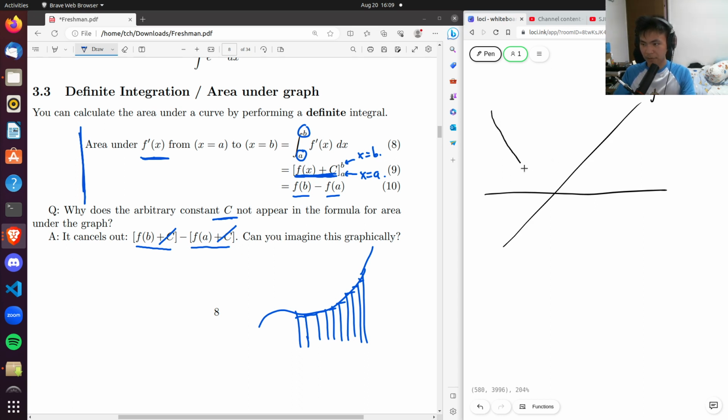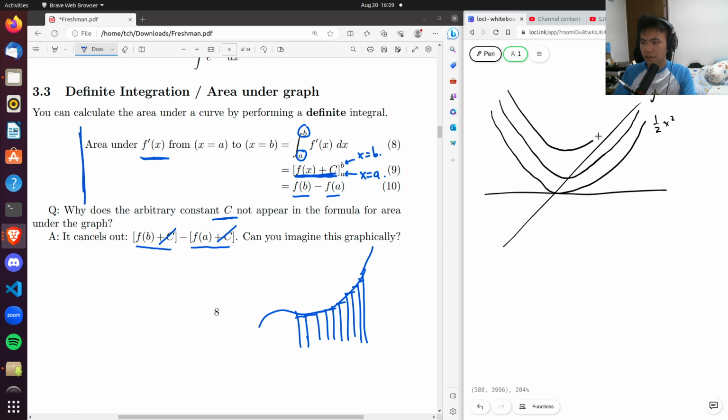So half x squared kind of looks like that. This is half x squared, and this is the integral of x dx. But we know that when we perform the antiderivative, we have a degree of freedom, which is the constant that we plug in.